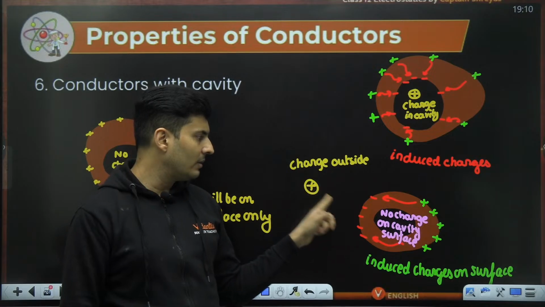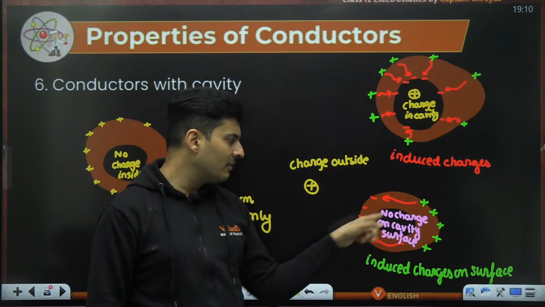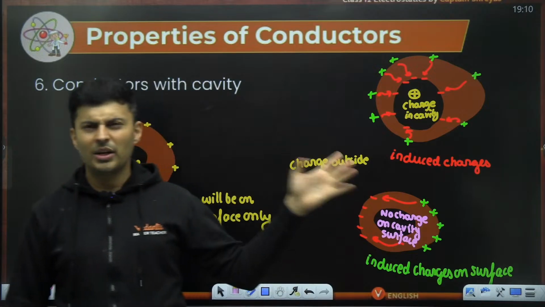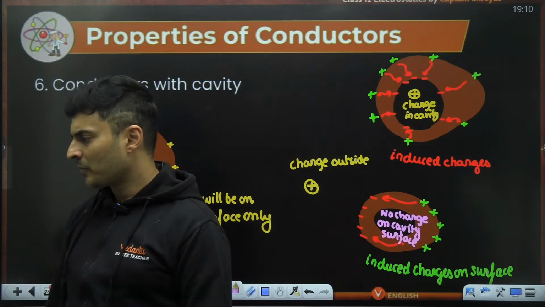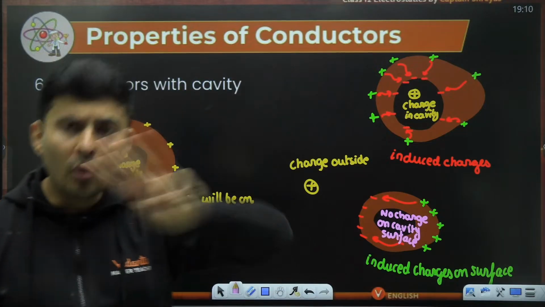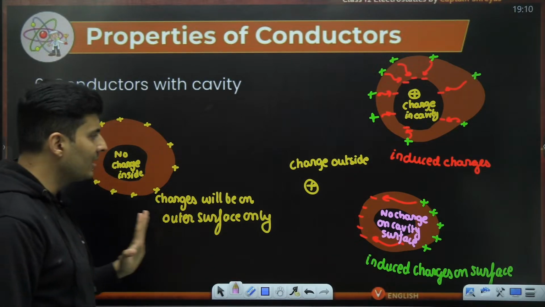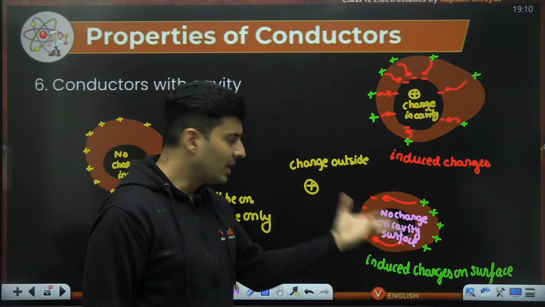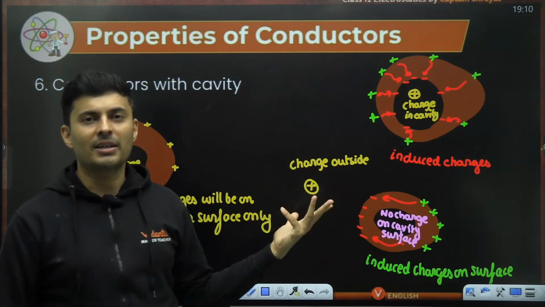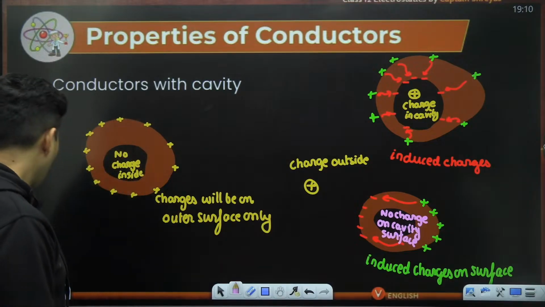If this was negative, it will push the electrons away and these positives will be here. But nothing will affect inside. There is no reason for it to get affected. This is the situation. These are the only three possible situations for cavities: there is no charge, there is charge inside, versus outside. That's it.